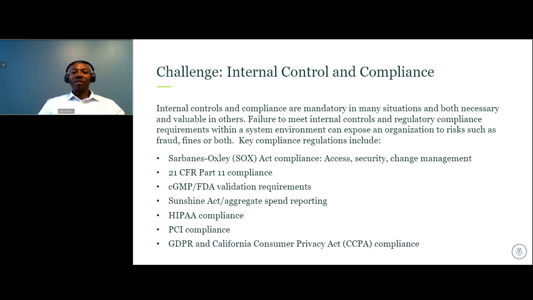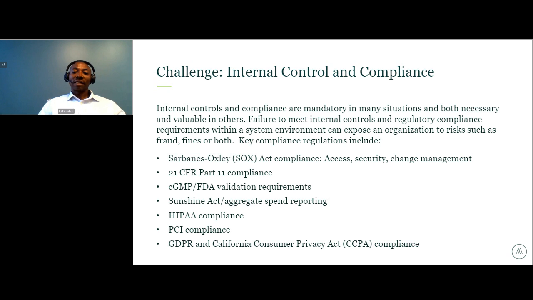If a system isn't able to help track this, then that forces an assessment of that system. HIPAA compliance is another reason you may need to assess your system to ensure that it protects sensitive patient information.